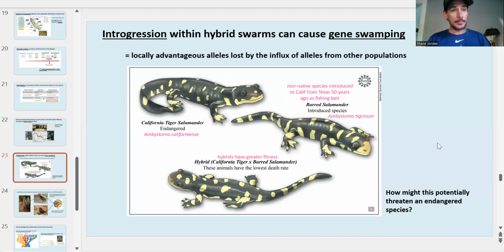This is, again, what we call gene swamping. The genome of this native endangered California tiger salamander is being swamped out by the genome of this non-native introduced Texas barred salamander. This has important conservation consequences because there is probably going to be some loss in the genetic diversity of the California tiger salamander.